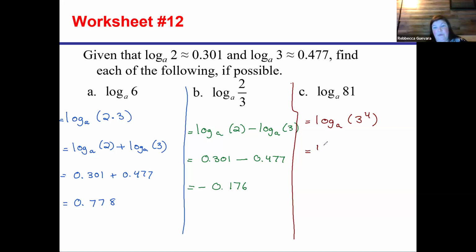So this is just really 4 log base A of 3. So log base A of 81 can be rewritten as 4 log base A of 3. And we know what log base A of 3 is, it's 0.477. Let me get the calculator here. That will end up being 1.908.